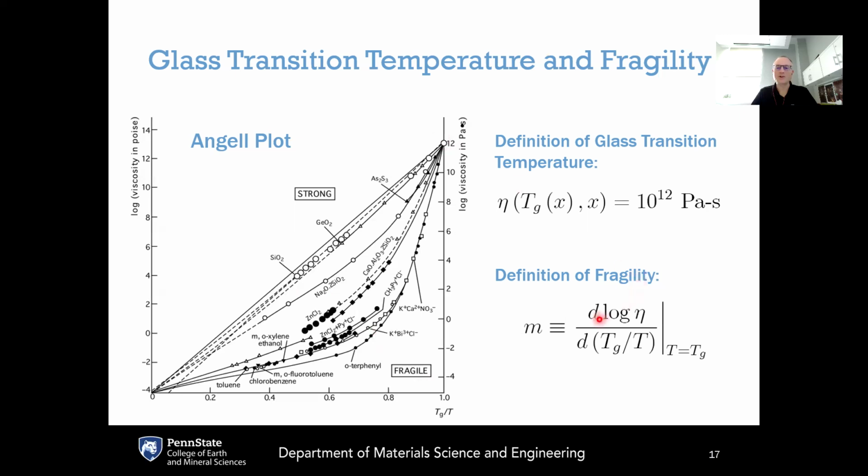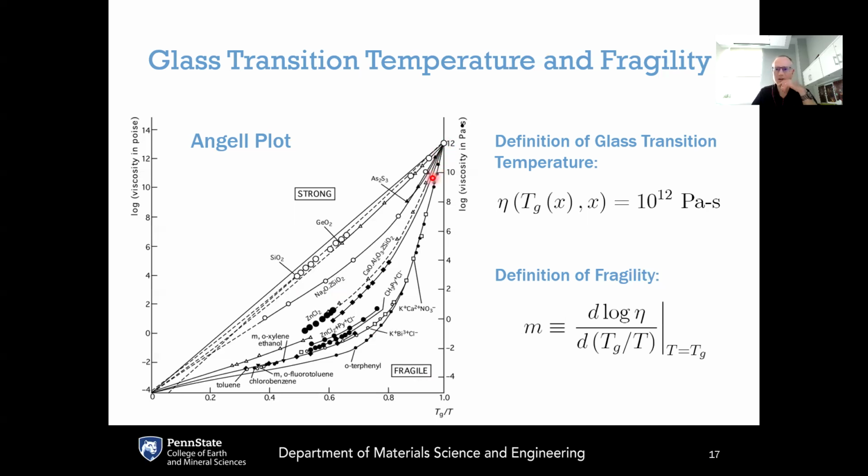So in other words, the slope of the base 10 logarithm of the shear viscosity with respect to this normalized inverse temperature, Tg over T, evaluated at the glass transition temperature, where T equals Tg. And what we see is that the strong liquids here, like silica and germania, have a lower slope at the glass transition temperature, whereas the more fragile systems have a steeper slope.